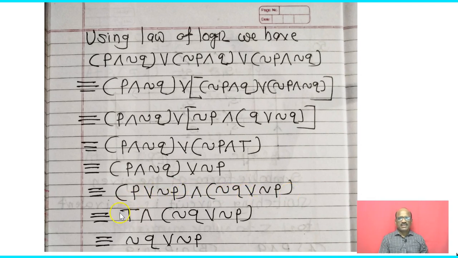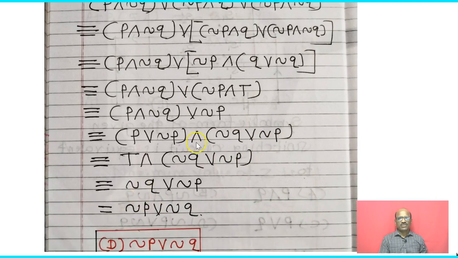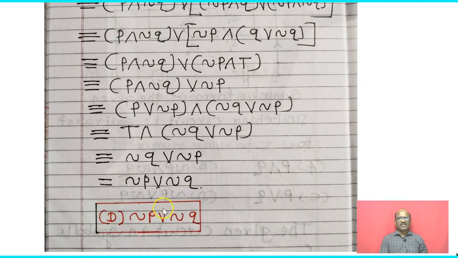The value of this is T, and in bracket negation of Q or negation of P, and hence the answer is negation of Q or the negation of P, and it can be written as negation of P or negation of Q, and that is option D is correct.